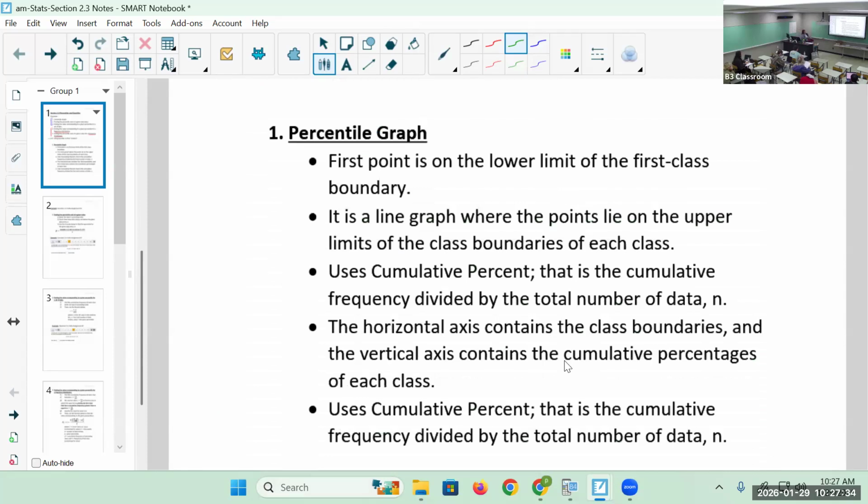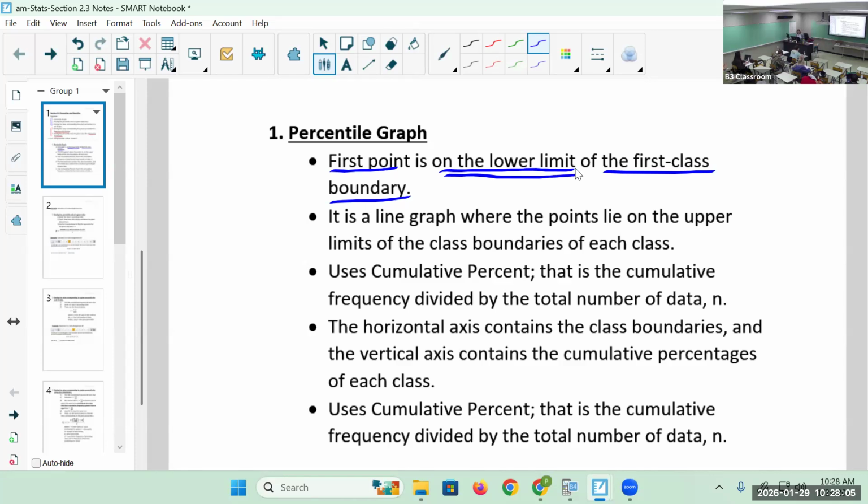So the first rule is that the first point is on the lower limit of the first class boundary. That helps. It's not like that other one that starts with like the class width to the left, the class width to the right. It starts actually on the lower limit of the first class boundary.